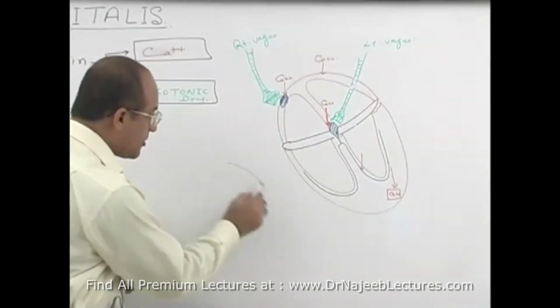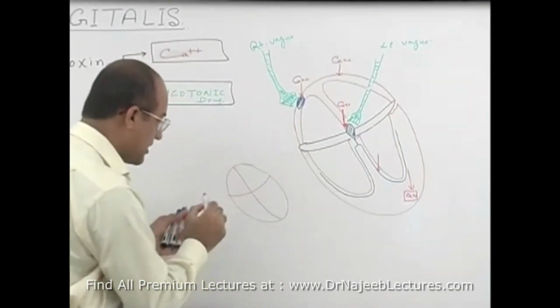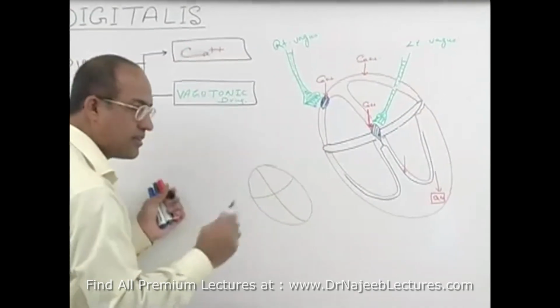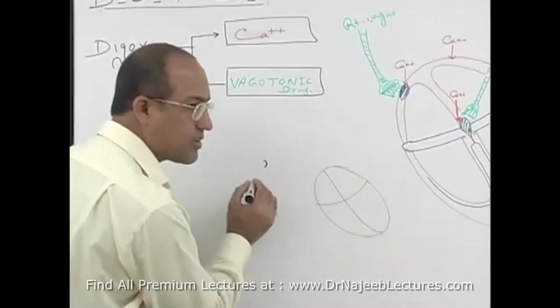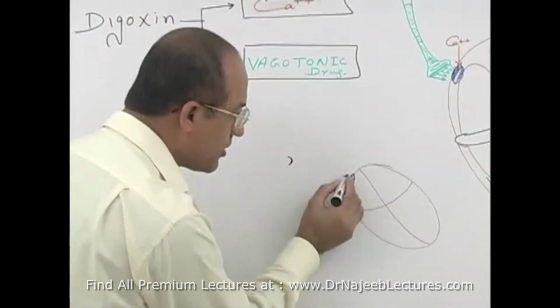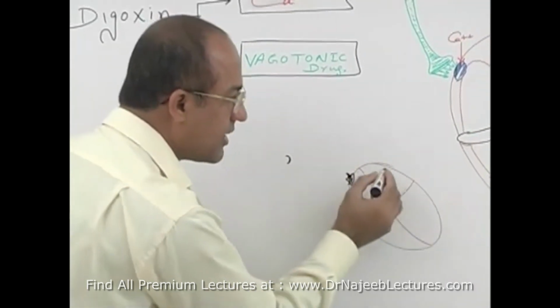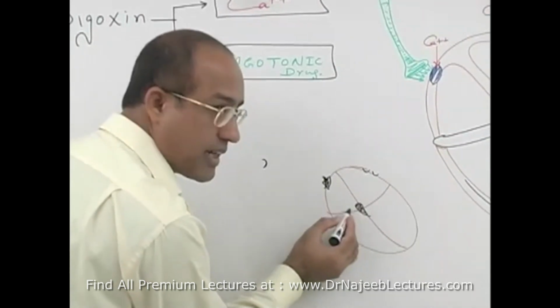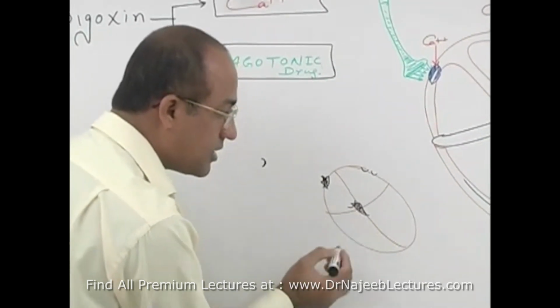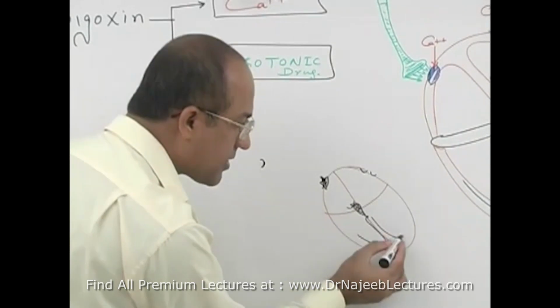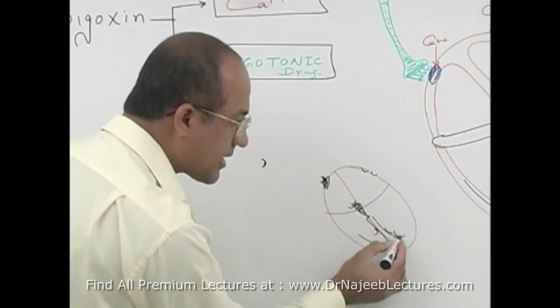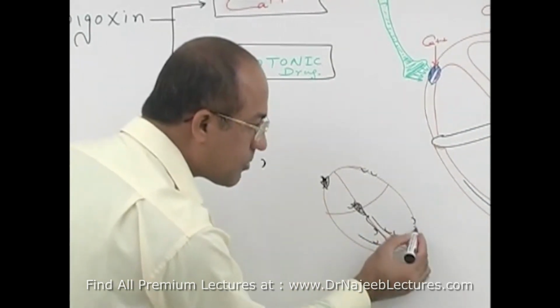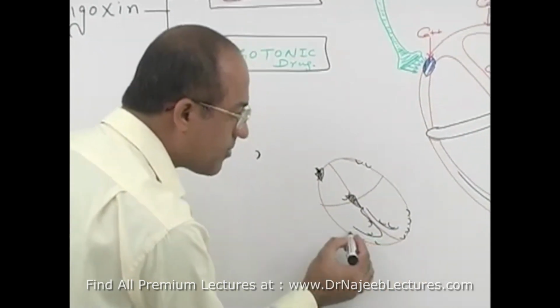Now the sympathetic and parasympathetic action on the heart, right? I will draw this in black as sympathetic receptors. Sympathetic receptors are present on the SA node, on the atrium, on the AV node, on the conduction pathway, and on the ventricular myocardium.